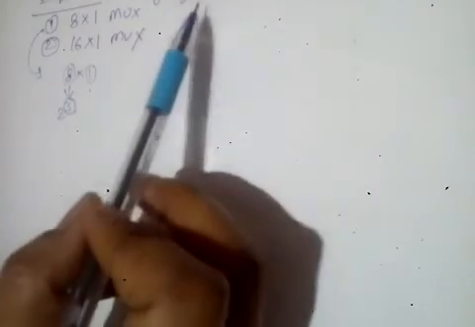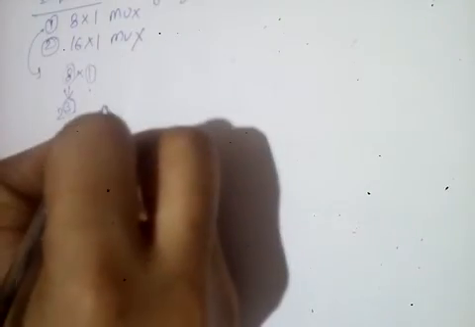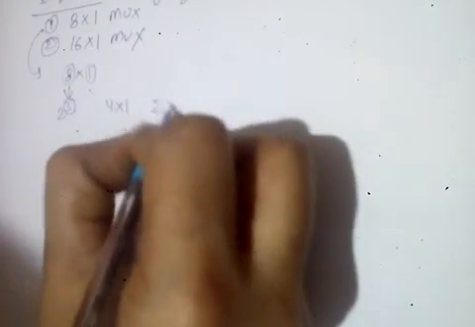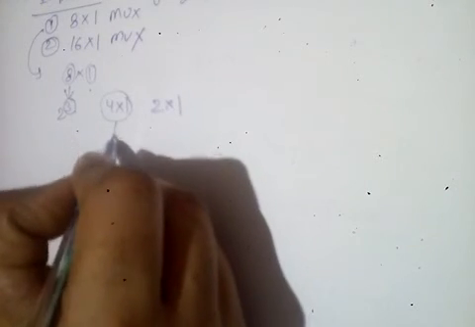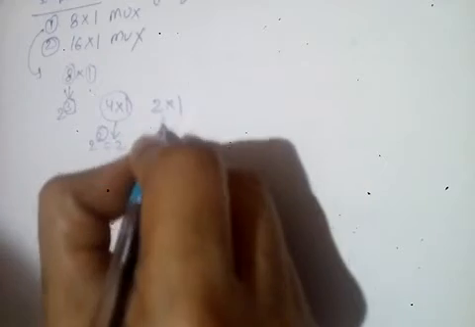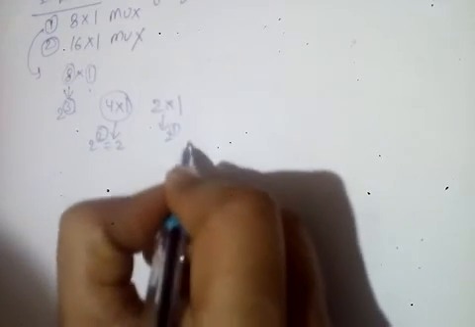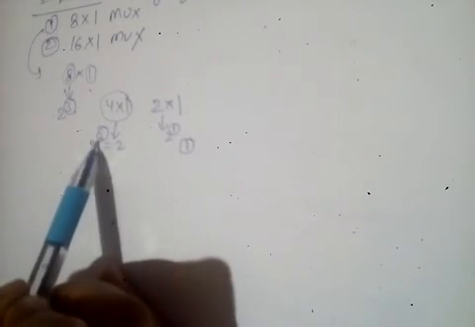Since we are implementing higher order mux using lower order, we will use one 4x1 mux and one 2x1 mux, because for 4x1 mux we need 2 selection lines, and for 2x1 mux we need 1 selection line. So total 3 selection lines.